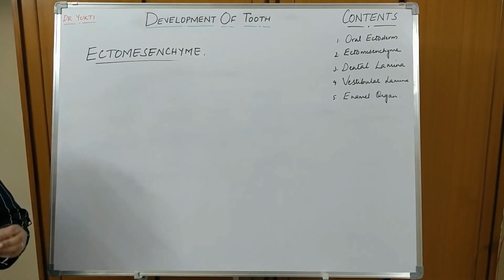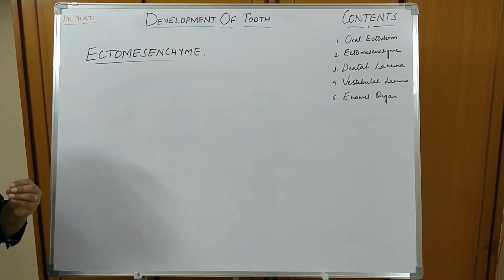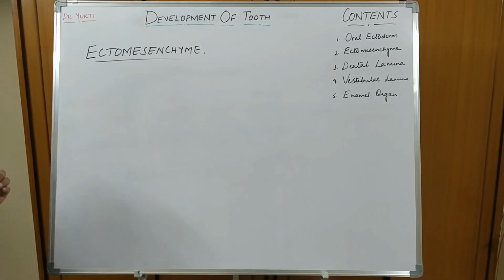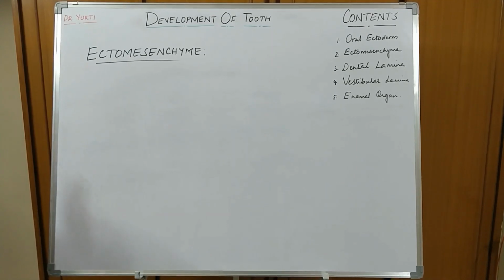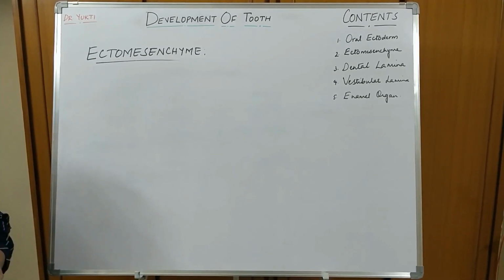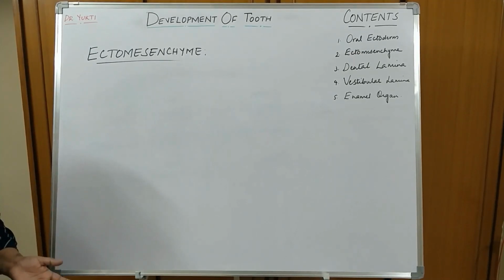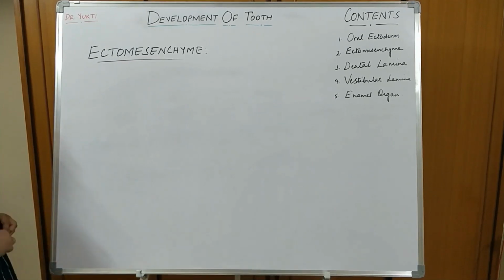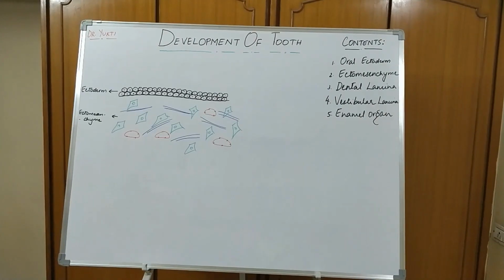The blood supply is provided by the blood vessels present in the connective tissue. Without connective tissue, what happens to epithelium? It will undergo necrosis. So this is about ectomesenchyme.